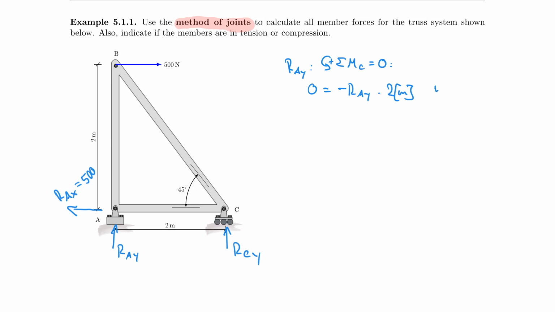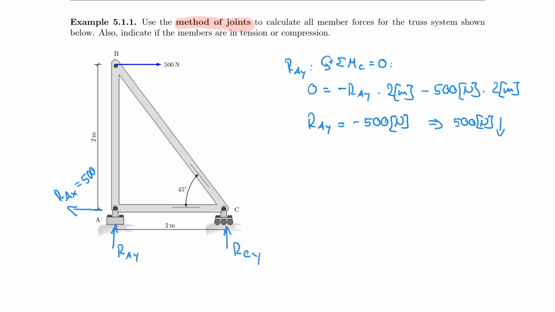So there's 500 Newton multiplied by 2 meters, and that turns clockwise, therefore it's also negative. And when I solve this, I find that RAY is equal to negative 500 Newton. And all that means is that we end up with 500 Newton downwards.